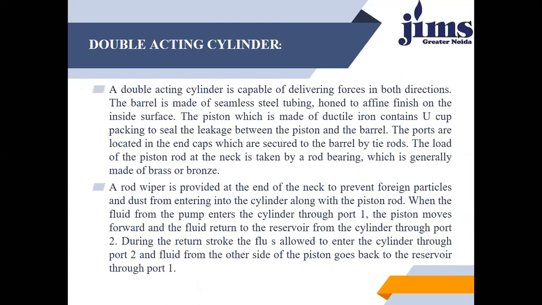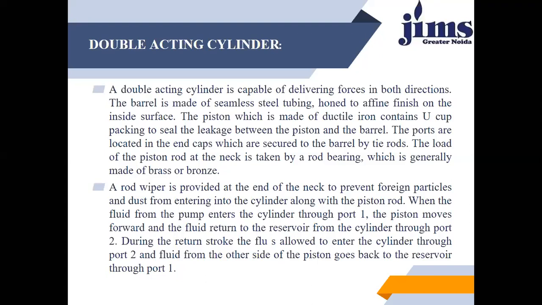Now we are talking about the double acting cylinder. In this type of cylinder, the force exerted by compressed air moves the piston in two directions. So a double acting cylinder is capable of delivering force in both directions. The barrel is made of seamless steel tubing with a fine finish on the inside surface.